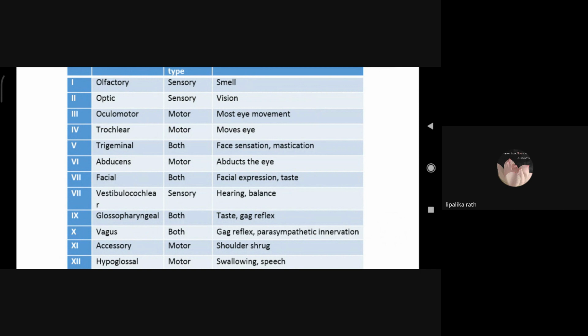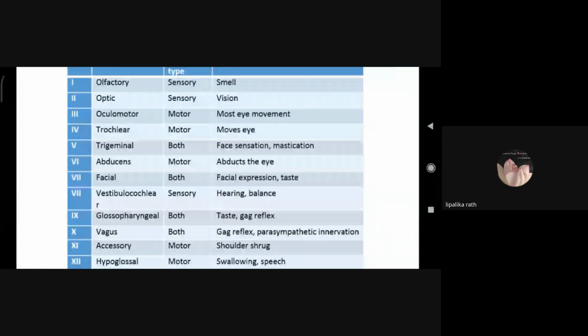Next, trigeminal is for facial sensation and mastication, when we are chewing food, and it is a mixed nerve. Now abducens is a motor nerve and it abducts the eye. So the 4 nerves related to the eye are optic, oculomotor, trochlear and abducens.